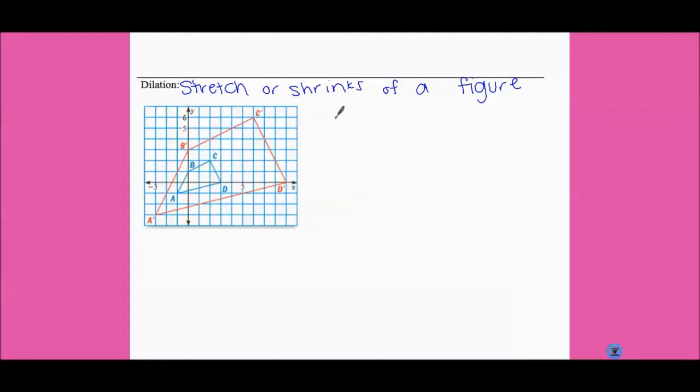So we can tell that it's stretched. So we want to know what factor it was dilated by. How much did it increase in size? So let's look at some coordinates.